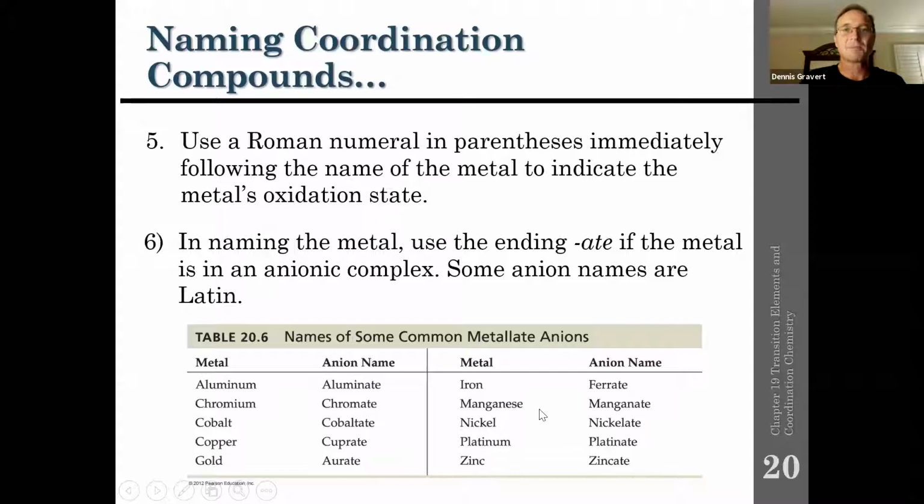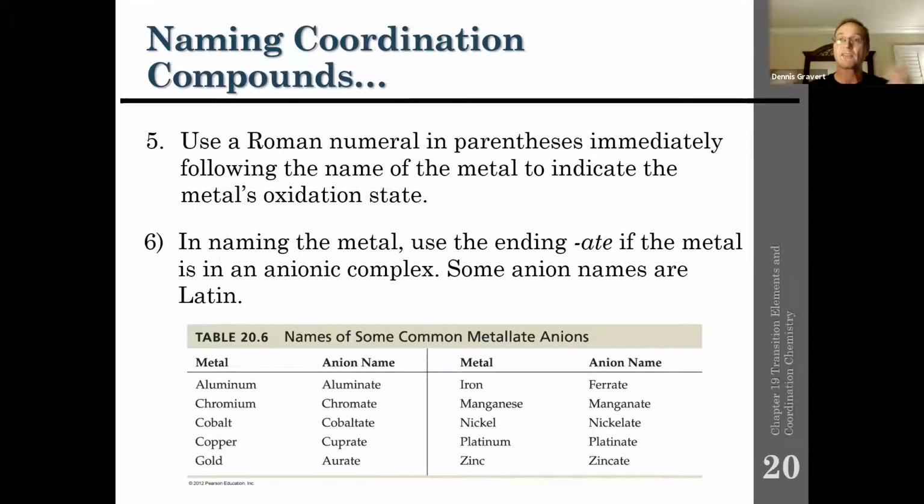Next slide. There we go. Remember when we were naming ionic compounds before and you dealt with transition metals? In the name of the transition metal complex, you have to report the charge of the transition metal as a Roman numeral. So that is still true here. Use a Roman numeral in parentheses immediately following the name of the metal so you can capture the oxidation state or its charge. It turns out transition metals are typically cations, so they have a positive charge or positive oxidation state.